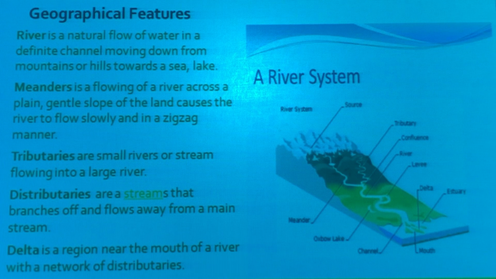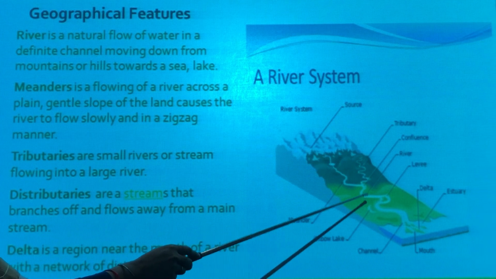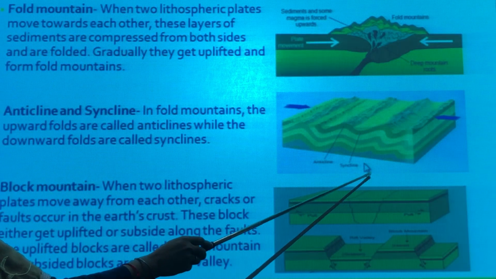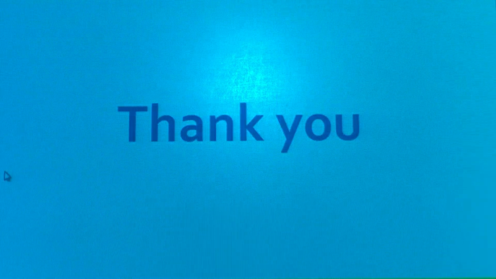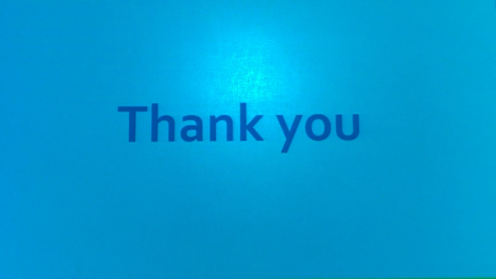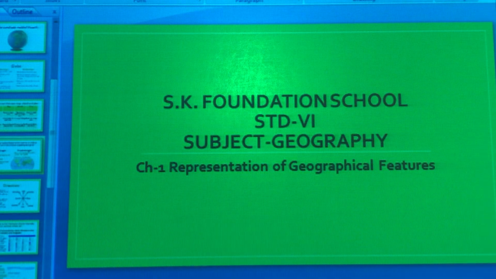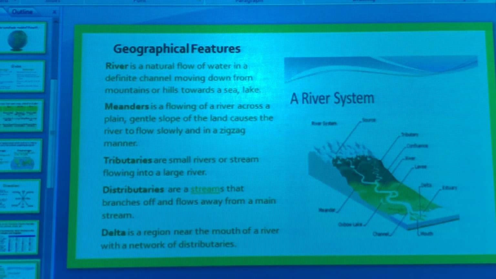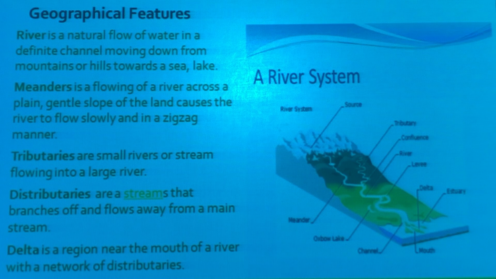Meanders are the flowing of a river across a plain. Gentle slope of the land causes rivers to flow slowly or in a zigzag manner. See? Now tributaries.